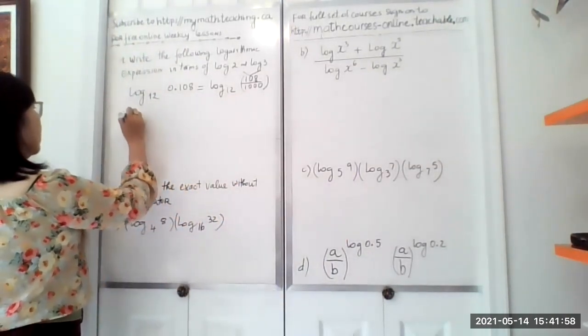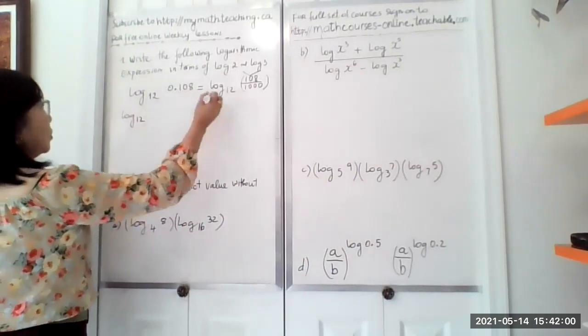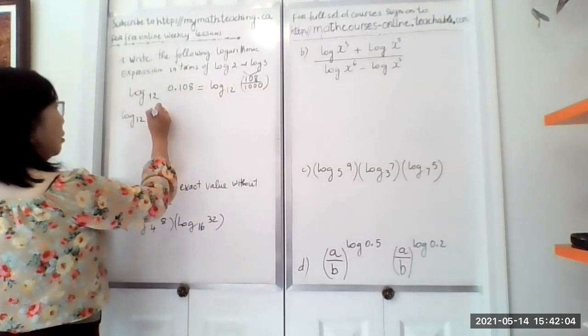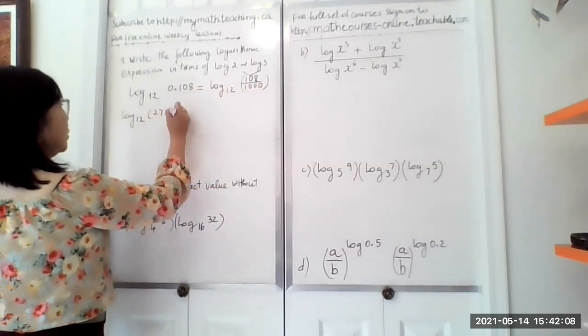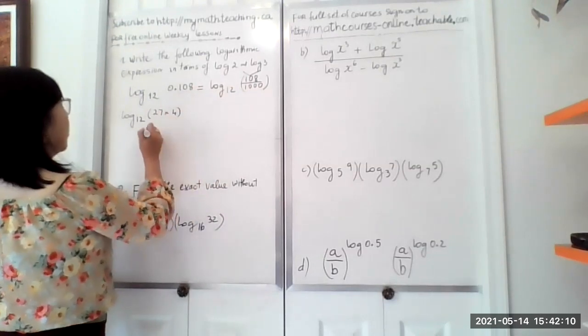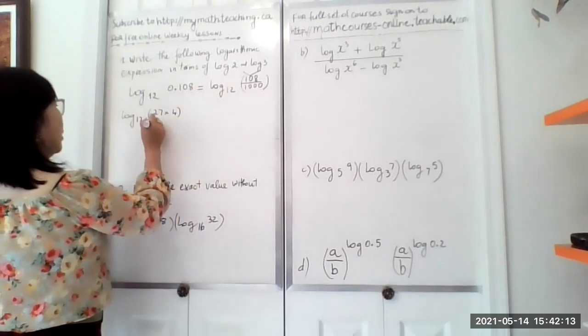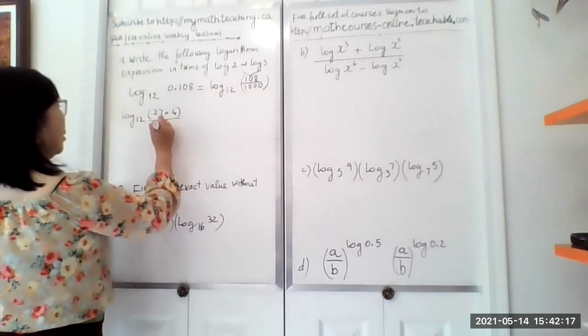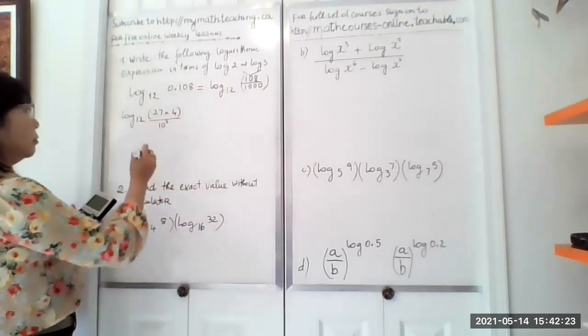So I'm going to say this will become log base 12 of 108, which becomes log of 27 times 4, and underneath it, it will be 10 to the power 3, right?